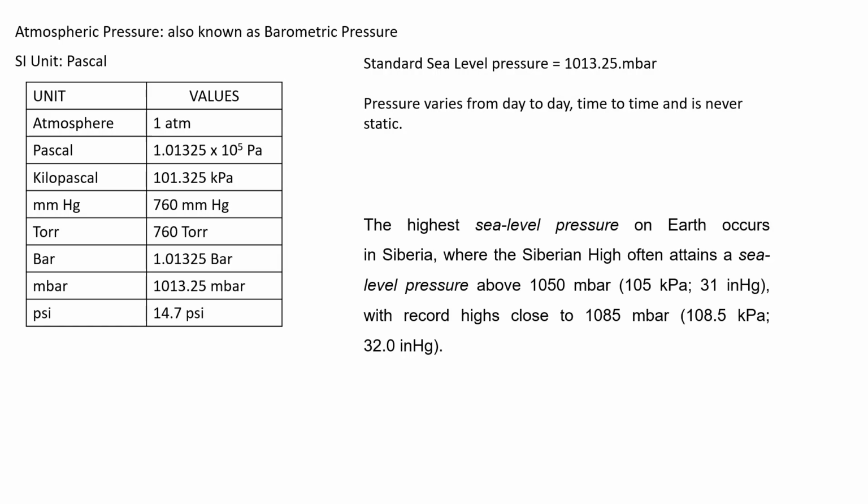So the SI unit is Pascal. We all should remember that this atmospheric pressure, which is also known as barometric pressure, has the SI unit Pascal. In normal terms, you must have come across several times in different physics and chemistry textbooks that the pressure is given in atmosphere.